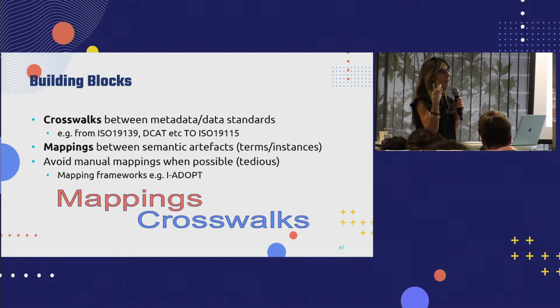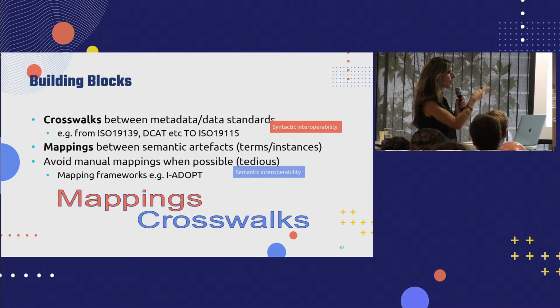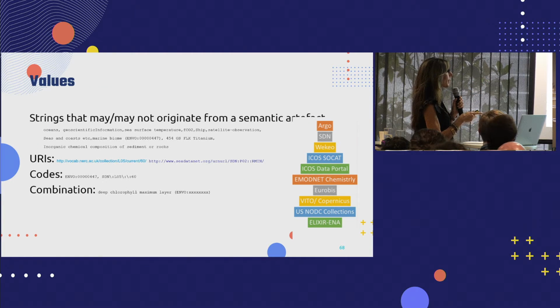You have to always have the domain expert to validate the mapping, and then use, as much as we can, mapping frameworks like the iAdapt that we use extensively that can automate the mappings. So syntactic interoperability with the crosswalks and semantic interoperability with the mappings.